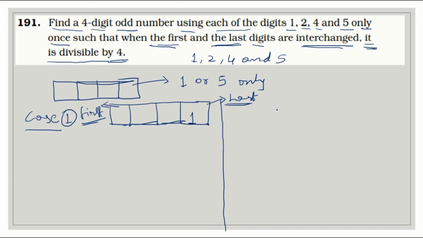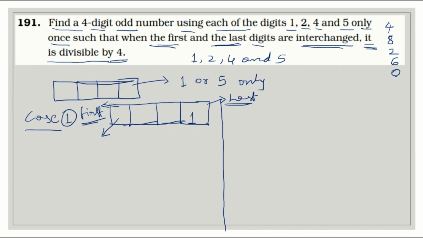That means any number divisible by 4 ends with: 4 ones are 4, 4 twos are 8, 4 threes are 12, that means ends with 2, 4 fours are 16, that means ends with 6, 4 fives are 20.